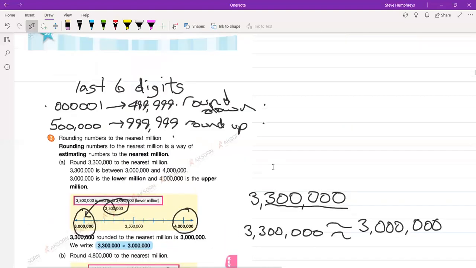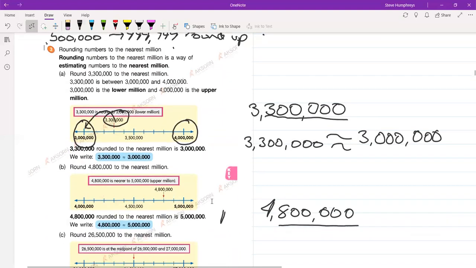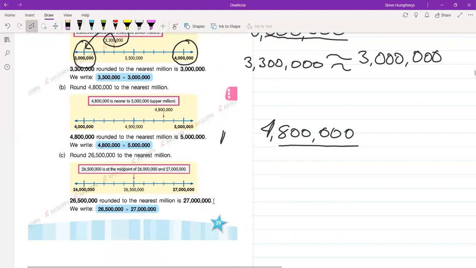Go back up here, look at the range here. 800,000 is between 500,000 and 999,999. We need to round up. Okay, we're going to round it up to the nearest multiple of 1,000,000.